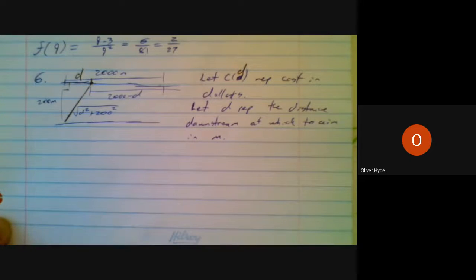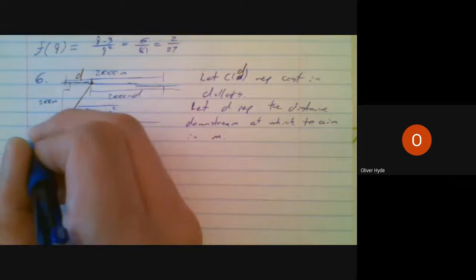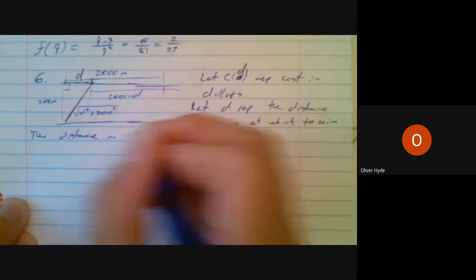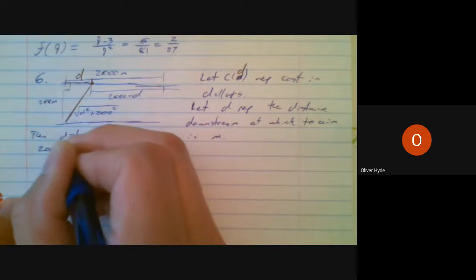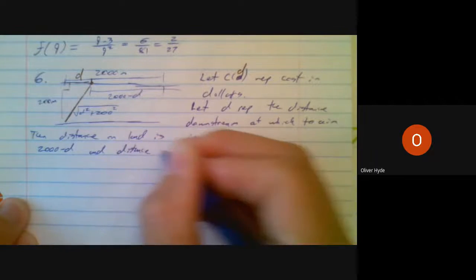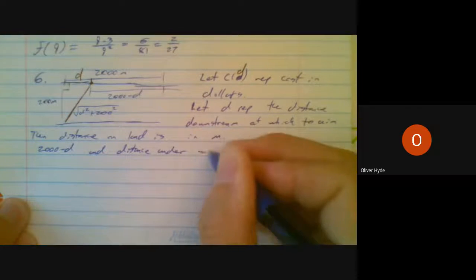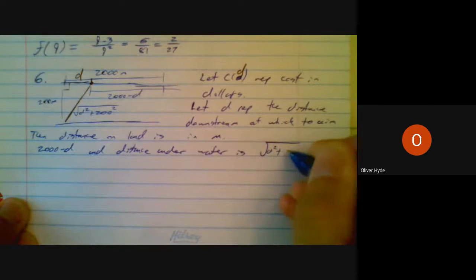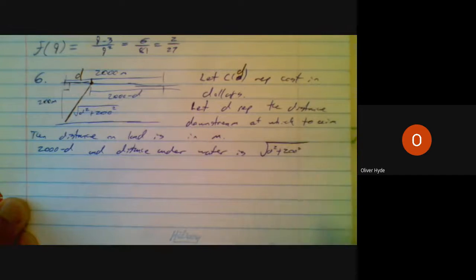I saw a couple of solutions like that. I'm going to say then the distance on land is 2000 minus d, and the distance underwater is the square root of d squared plus 200 squared.